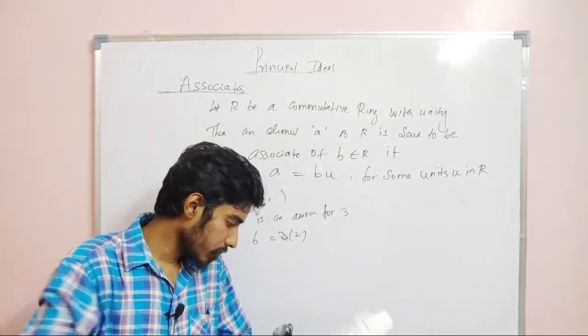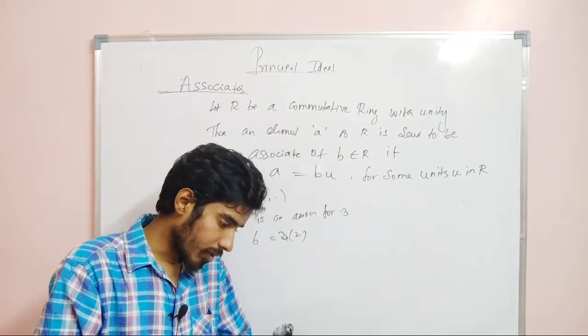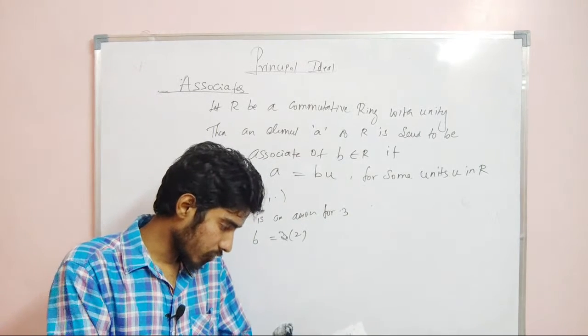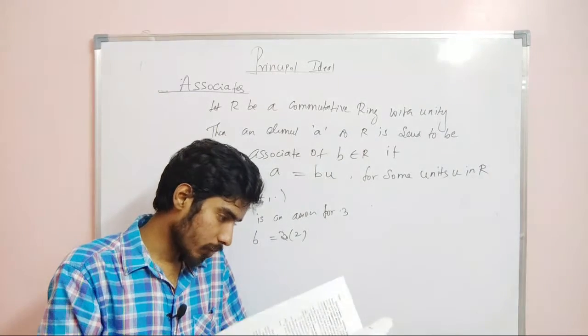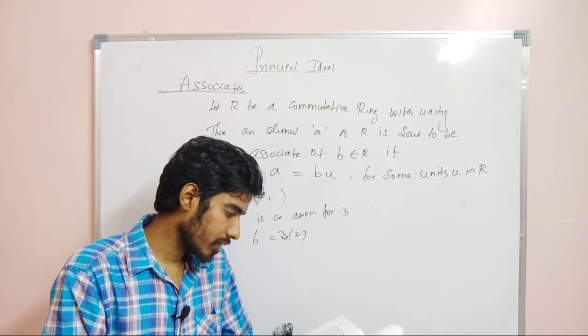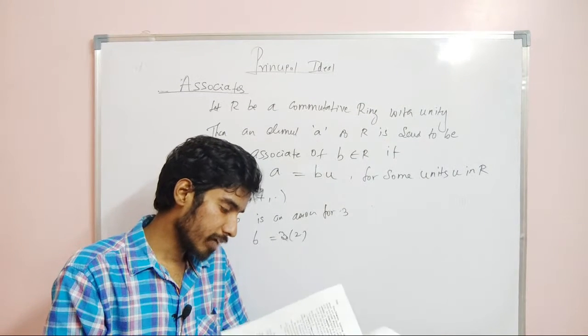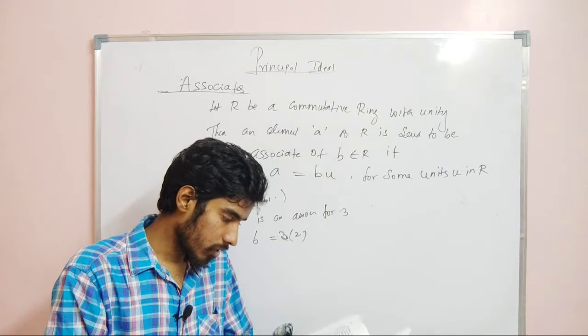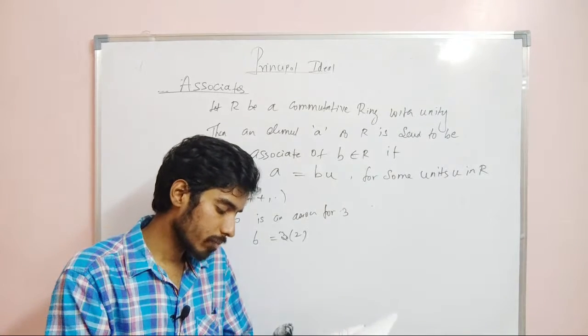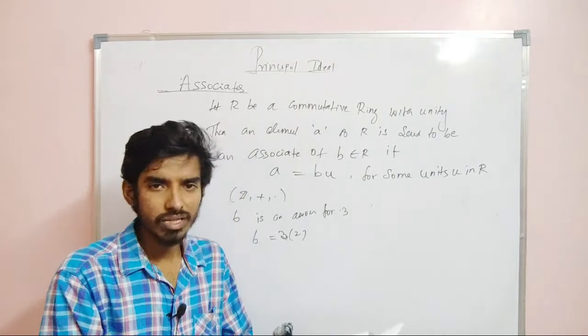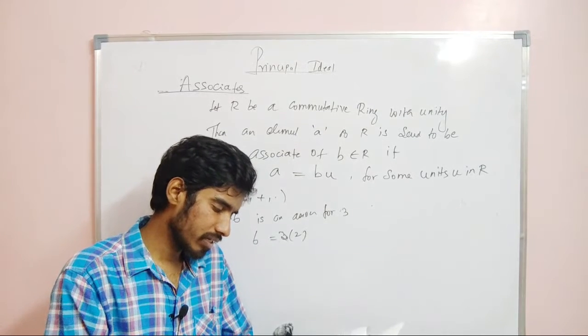Now we will define polynomial rings. So polynomial rings are very important from the UPSC point of view. We have to define greatest common divisor, that we will define when we are defining a unique factorization domain. So next video we will start polynomial rings, right? Actually polynomial rings are very easy.